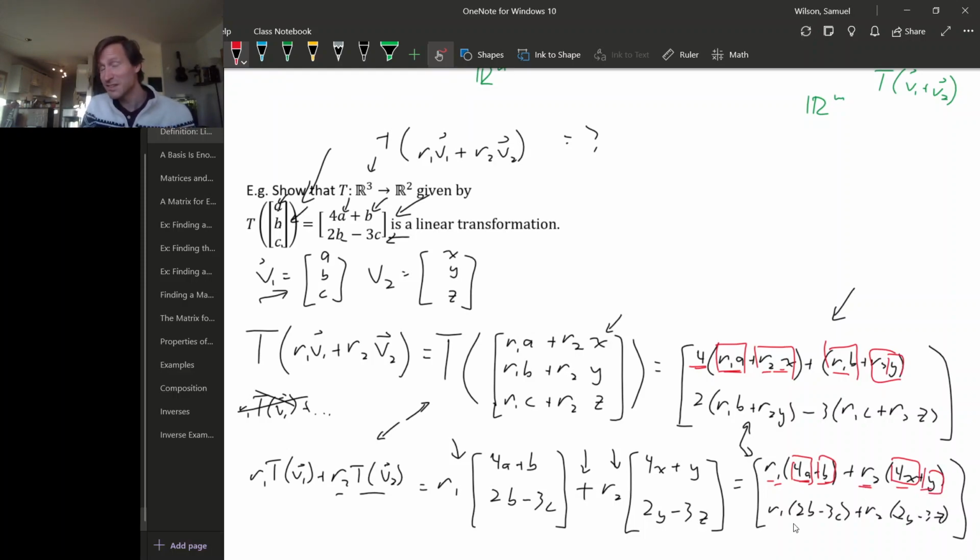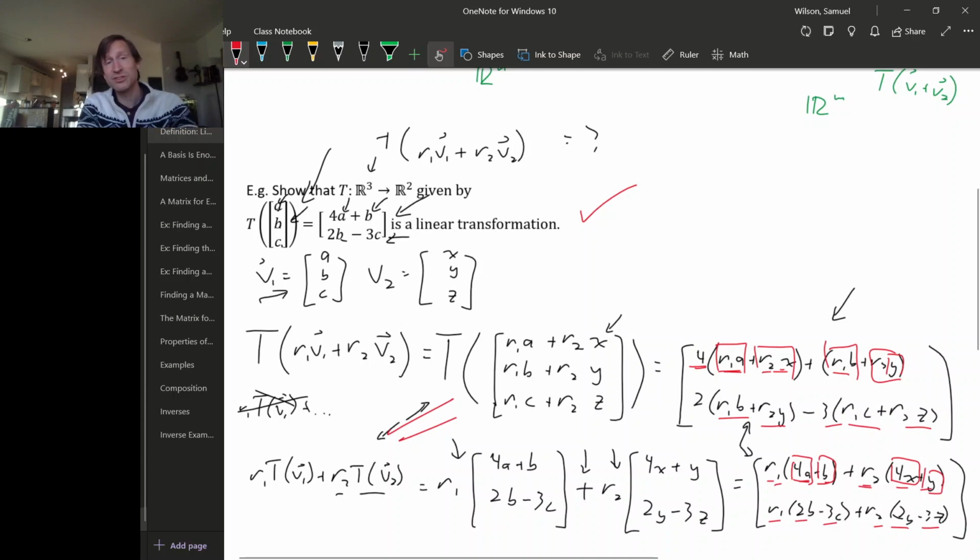This also happens for the second entry. Here's an R1 2B, there's a 2 R2Y, a minus 3 R1C, and a minus 3 R2Z, all matching. So these two things are exactly the same. So these are equal, and so T is a linear transformation.